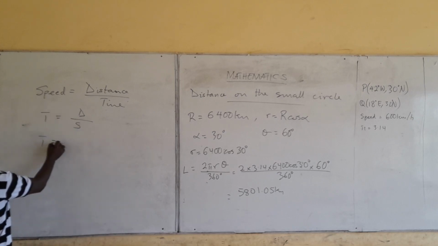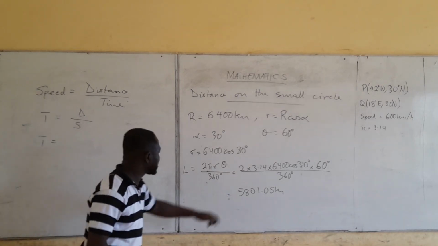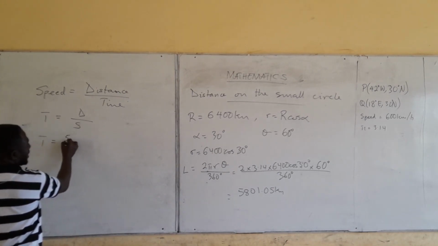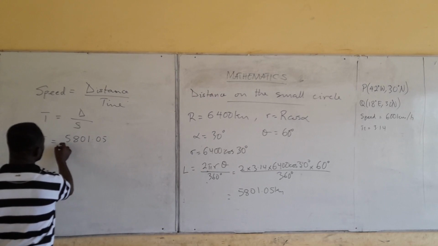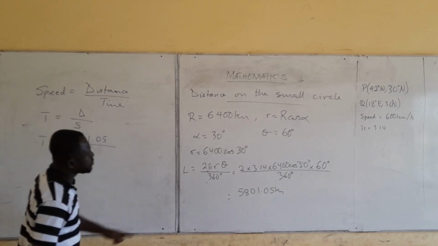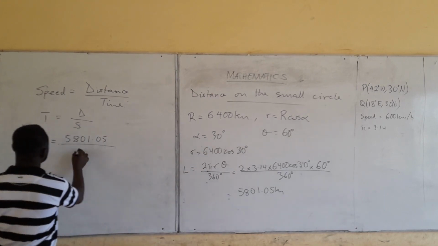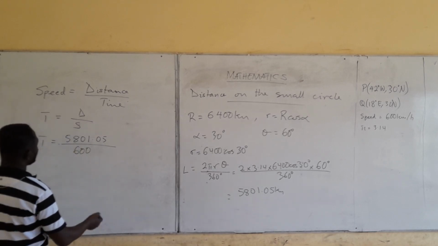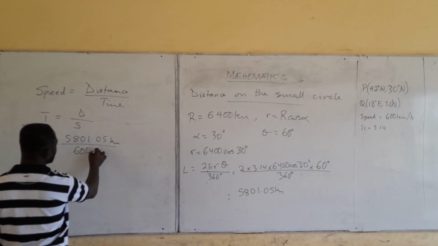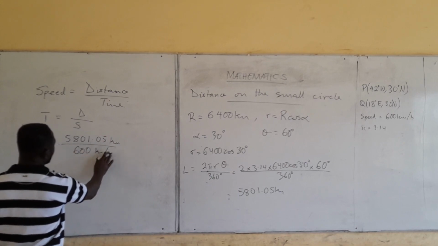So t is going to be our distance, 5,801.05, divided by the speed, 600 kilometers per hour.